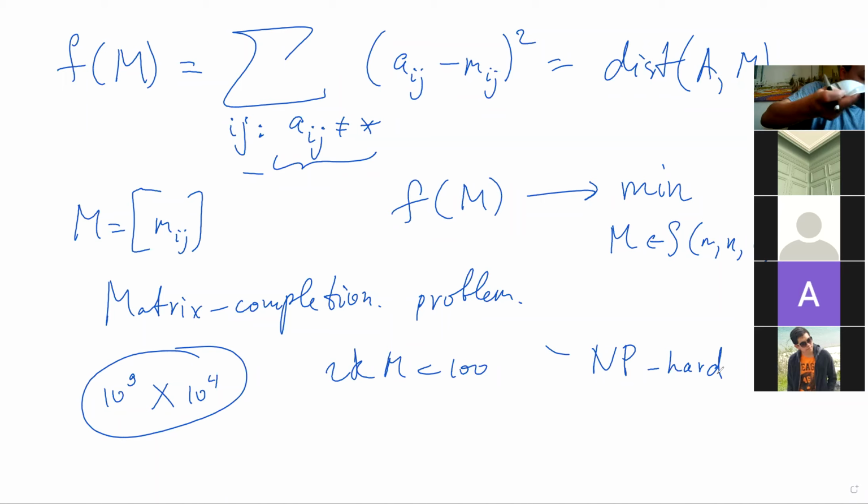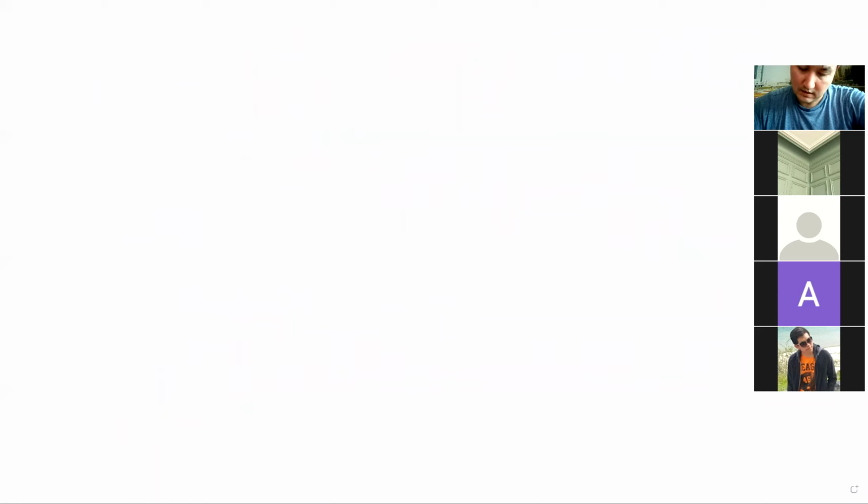In low rank optimization, our goal is to minimize some function. The general problem is like that: minimize f of M, where M is an m times n matrix whose rank is not greater than k.